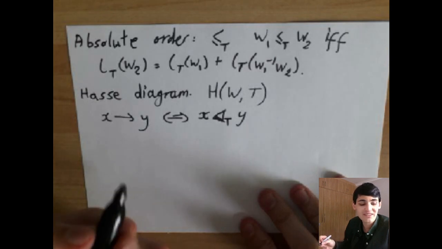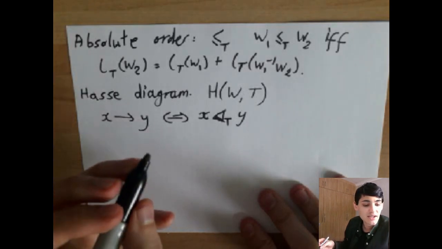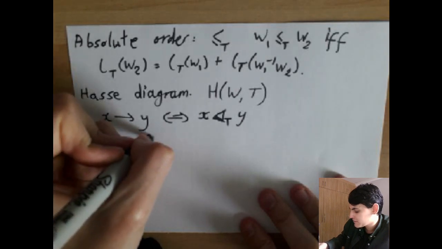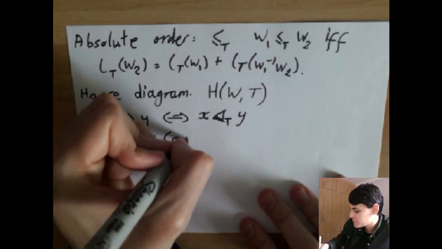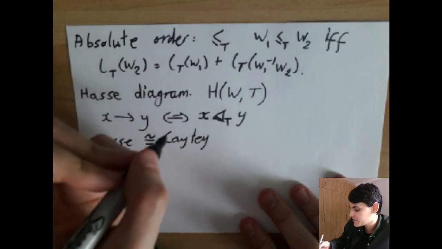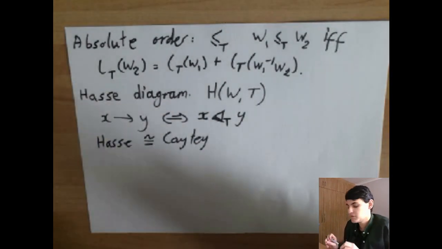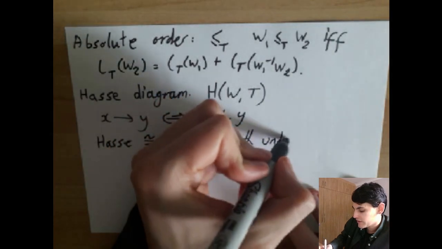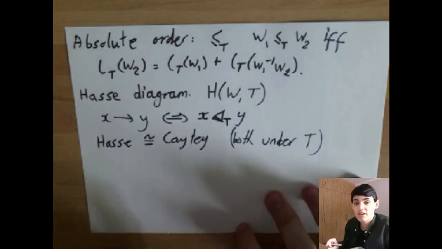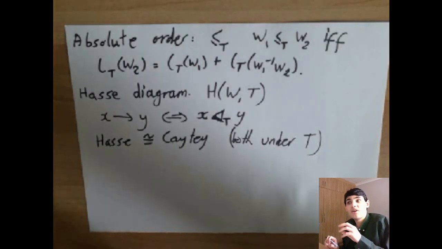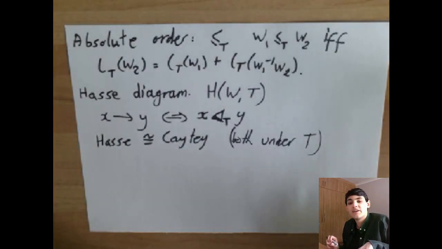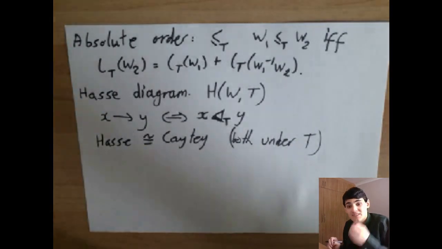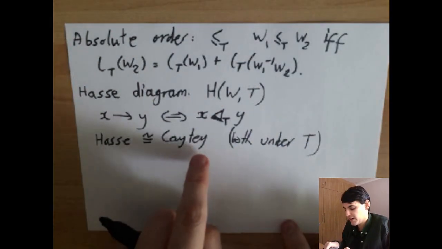And what's interesting about the Hasse diagram is that it is isomorphic to the Cayley graph, both under T. Basically, all the coverings in the absolute order give you precisely the Cayley graph.